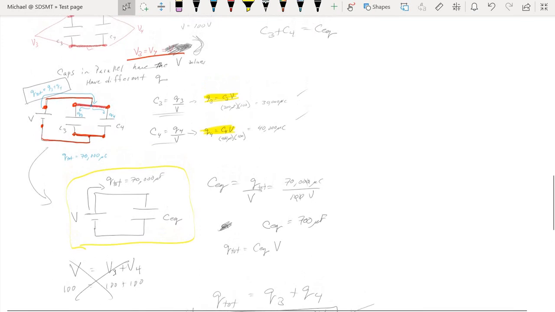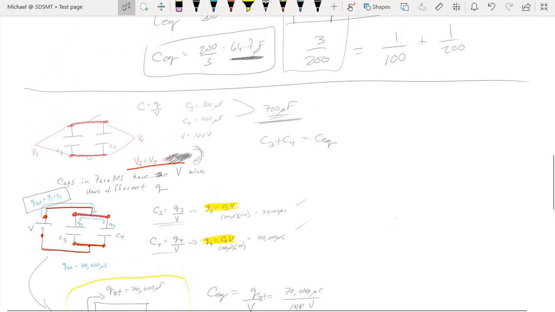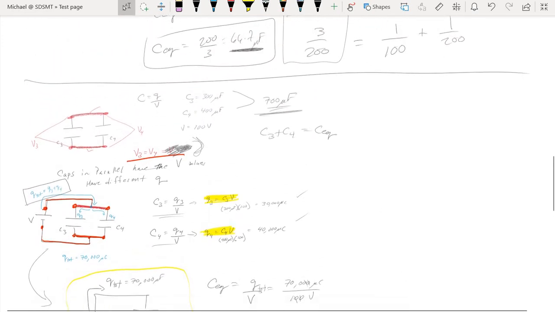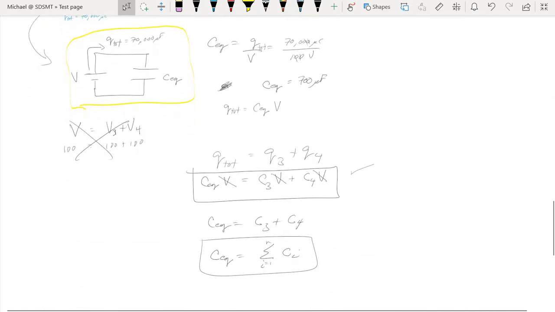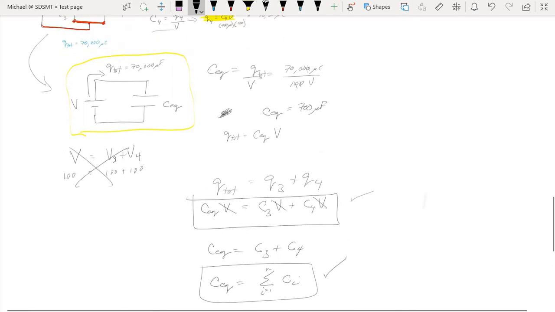We've seen examples that involve two capacitors in each case. As it turns out, the math for these equivalent capacitance expressions are not limited to two capacitors. You can have as many capacitors as you want connected in parallel, and they will form an equivalent capacitance that is equal to their direct summation.